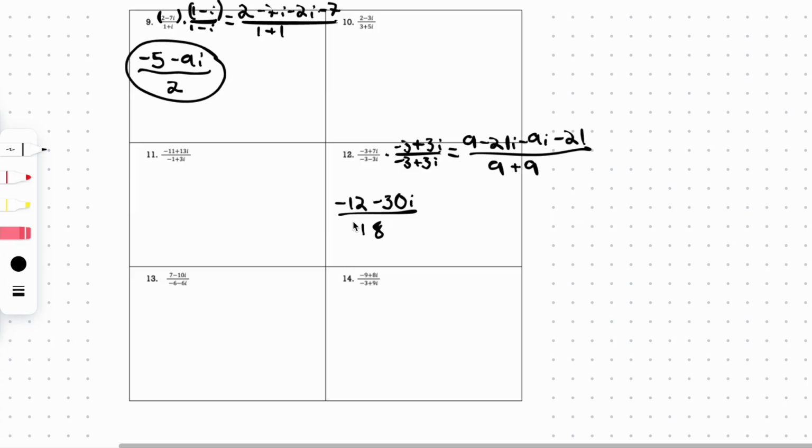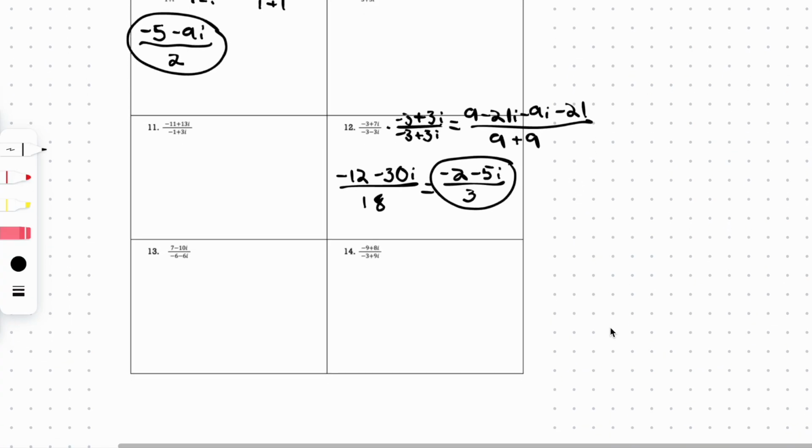We notice all of these are going to be divisible by 6. So I'm going to write negative 2 minus 5i over 3. That's going to be our answer. Okay, perfect. Same rules should apply in all these other problems.